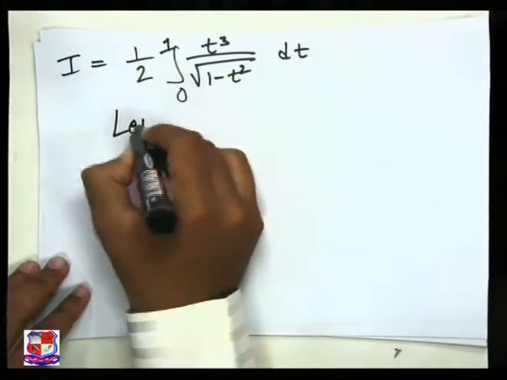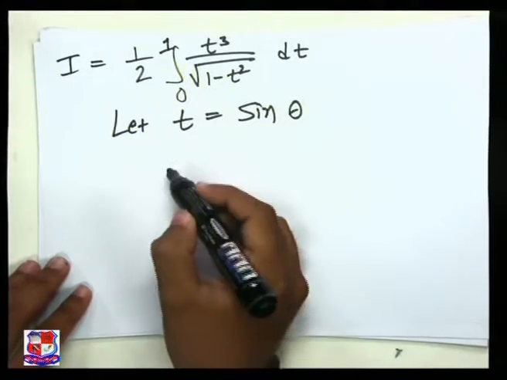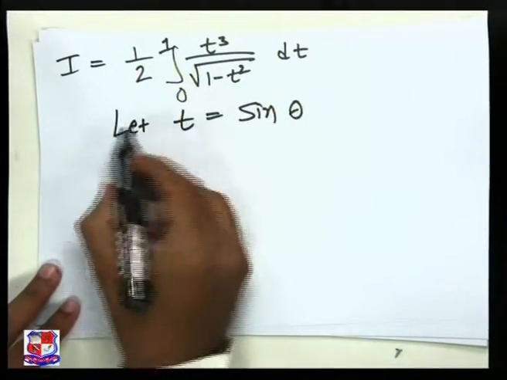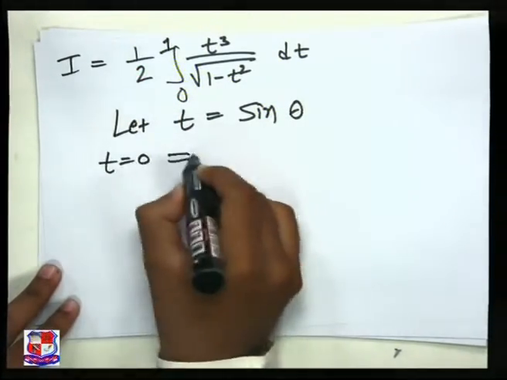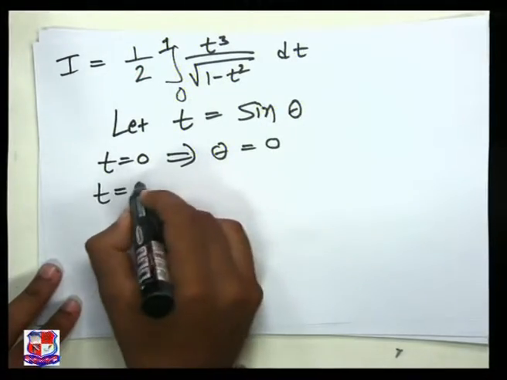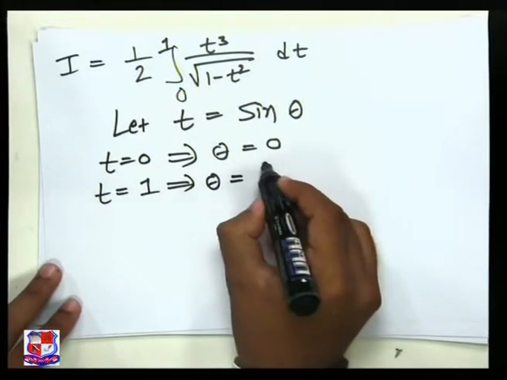Now let t is equal to sin theta. This is the limit of t. So when t is equal to 0, sin theta is equal to 0, so theta is equal to 0. When t is equal to 1, theta is equal to pi by 2.